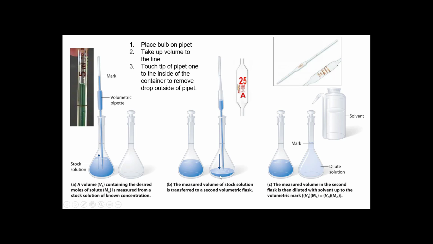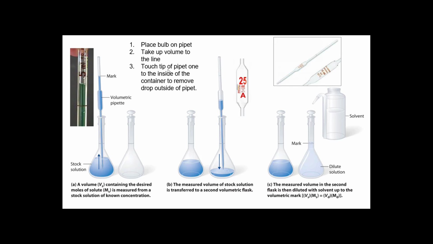You touch it, that will take that one drop, and you never do anything again. You take it out, put it on the bench, and you'll see there's still liquid here. But it's meant to be that way. It's accurate. That's how it's supposed to be. One touch on the side, and you're done. And that will give, if you've met everything the way it's supposed to be, the 5 mL exactly that's been delivered to another container.